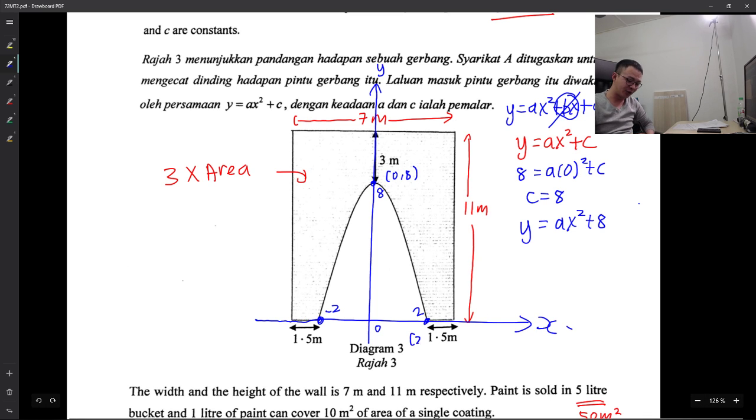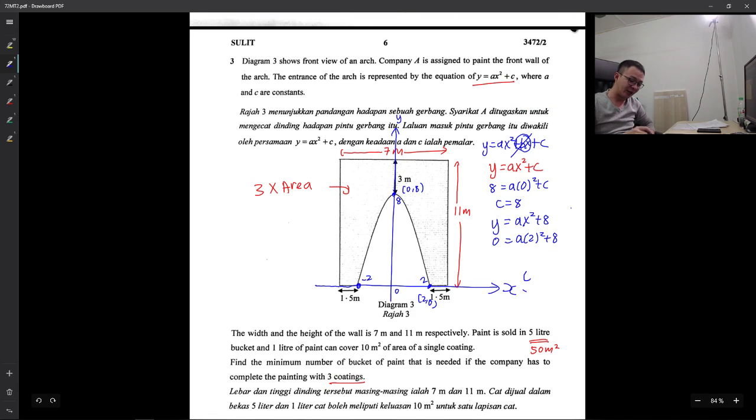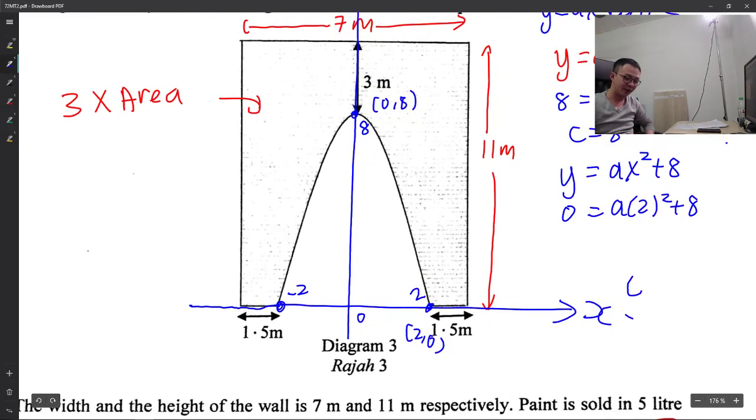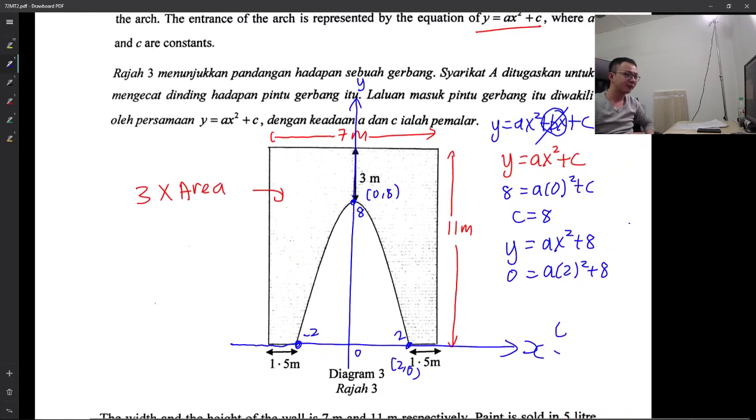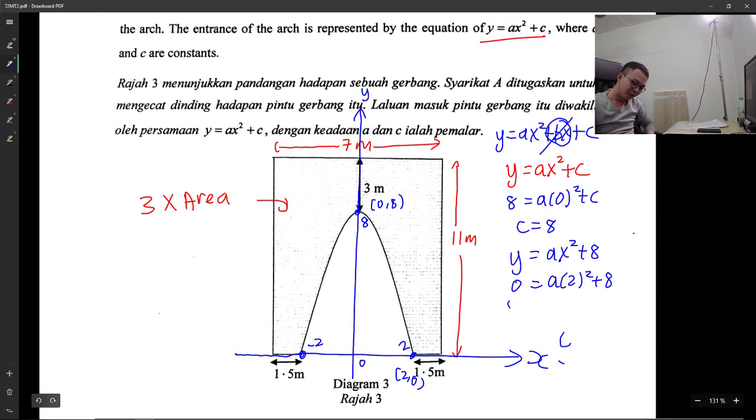I use the (2, 0) here, so y is 0 and my x is 2. Then I will get 4a equals -8, so a equals -2. Therefore, I got my equation: y equals -2x squared plus 8. So this is how you actually get the equation.